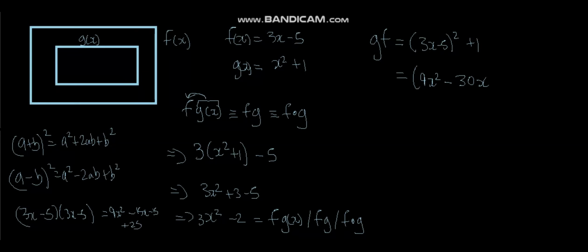So yeah, it was correct. So plus 25 plus 1. So the composite function gf is just simply 9x squared minus 30x plus 25 plus 1, which is 9x squared minus 30x plus 26. Done.